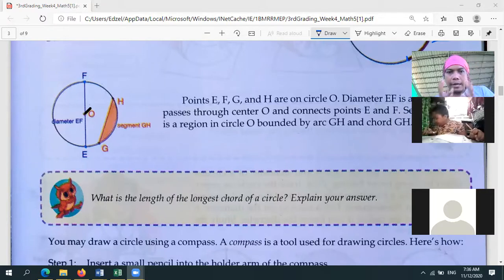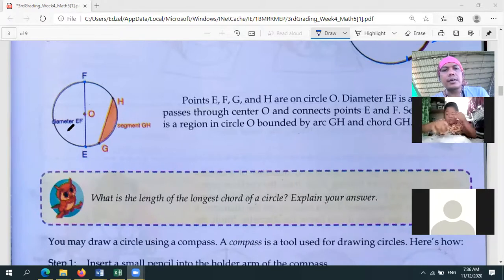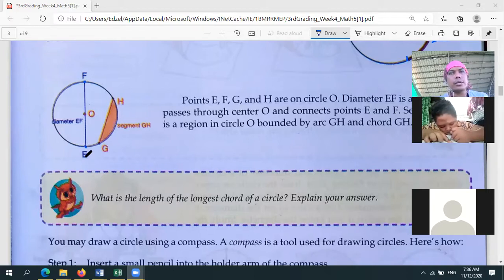When a chord passes through the center of the circle, we call it a diameter. So in this illustration right here, EF is a diameter. The diameter is named EF because we got it from the points E and F.